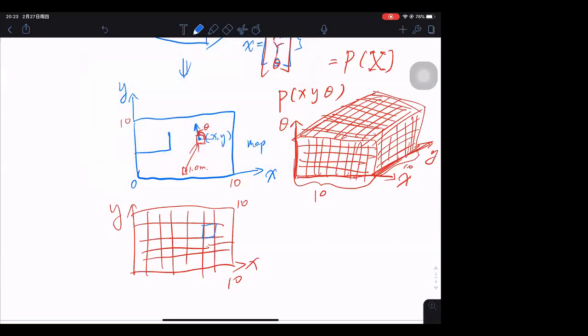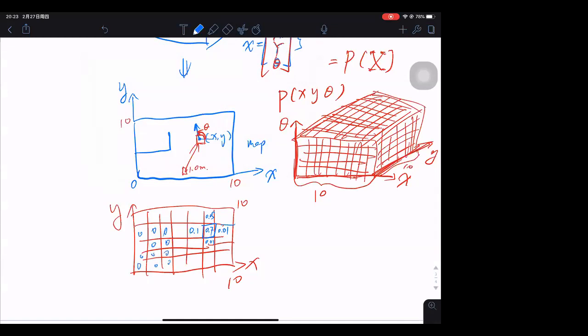Then we have a probability: 0.7 at this location, probably 0.1 here, 0.05 here, 0.01, 0.01, etc. Here the probability is close to 0, and it is not possible to be here.